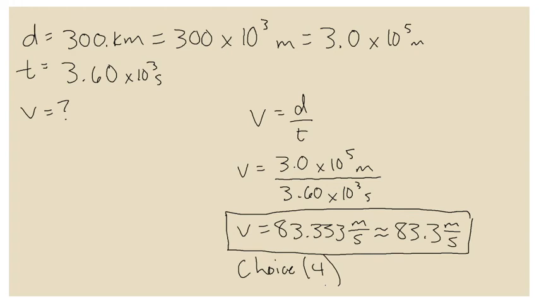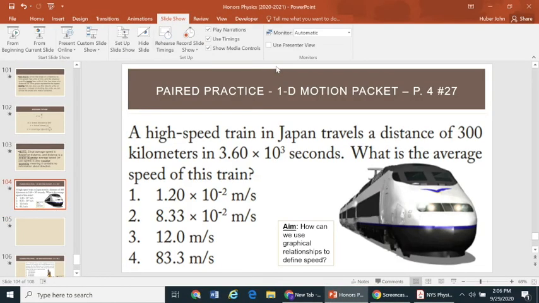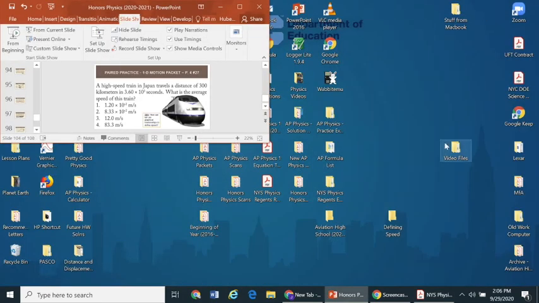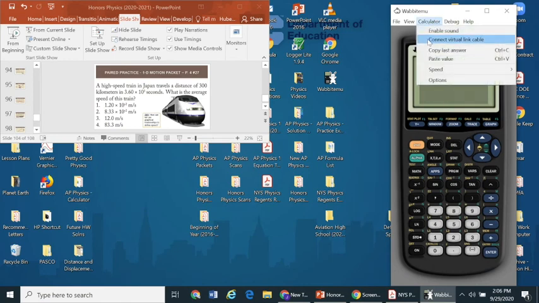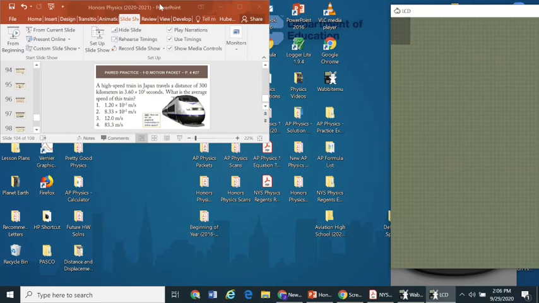Now it's important to realize the Regents is written by evil human beings. And what those evil human beings do is they prey on your every mistake. As I mentioned, a common mistake here is to forget to convert the distance.